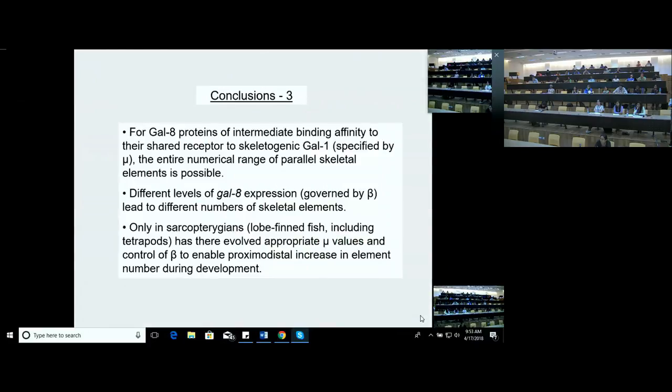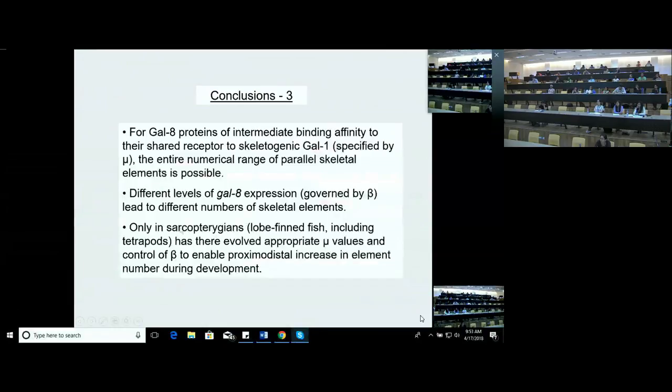So let's look at the conclusion here. For galectin-8 proteins of intermediate binding affinity to their shared receptor, specified by mu, the entire numerical range of parallel skeletal elements is possible. Different levels of galectin-8 expression, which is governed by beta, lead to different numbers of skeletal elements.